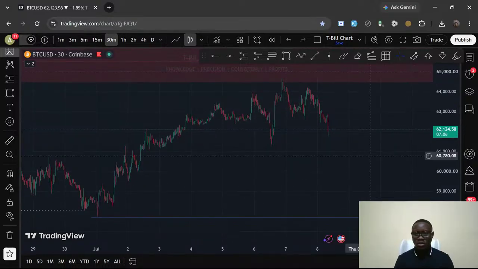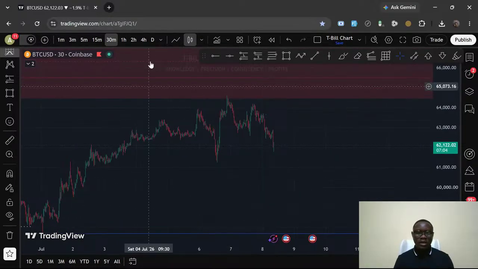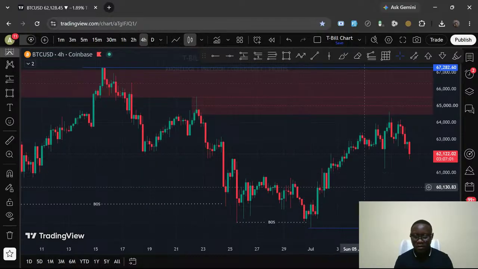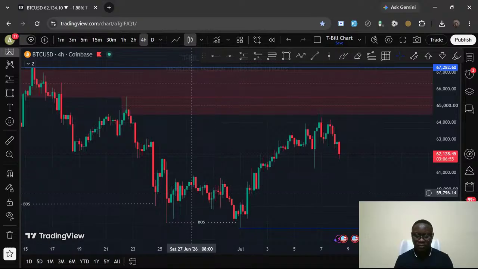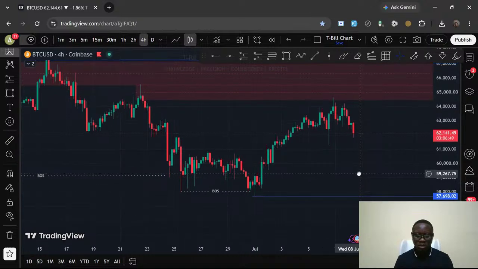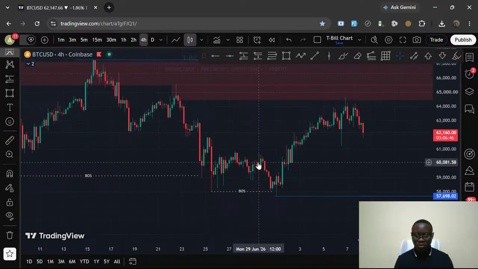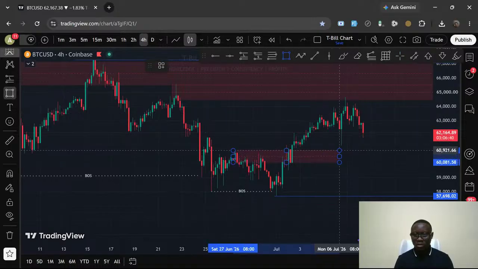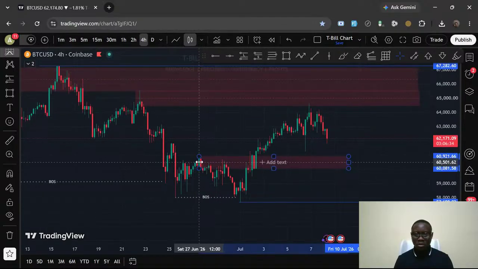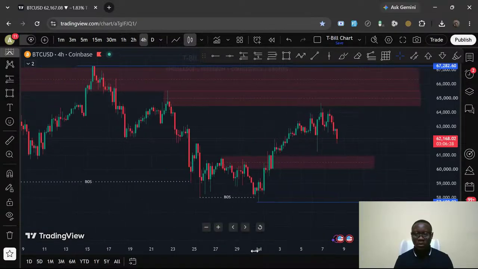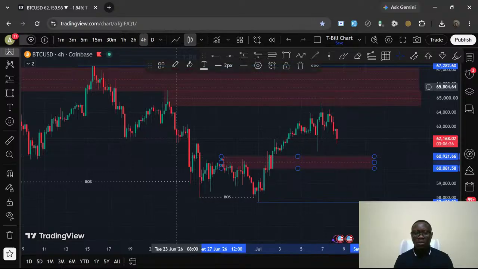Okay, so the last break of structure today. Now it is important I identify this. We got this break of structure to the downside and this as well. Okay, so this looks like a potential zone.